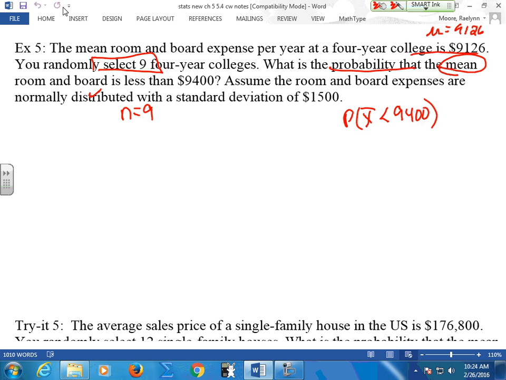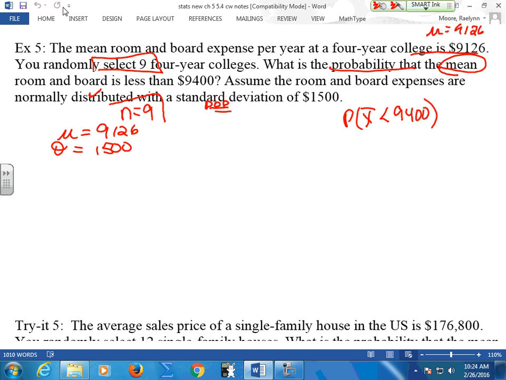They're going back to your population with the standard deviation, and this is from your population. They're going to tell you that your original population is normally distributed. So now when we take 9, we know that those 9 are in a normal distribution. So we know our mean for our population is 9126, and we know our standard deviation for our population is 1500.